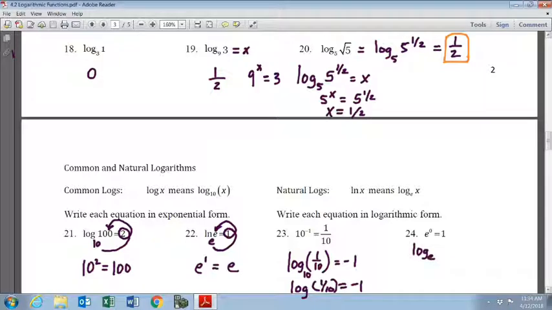Let's look at number 24. This is log base e, our base is e here, and the exponent is 0, and so that makes the 1 the answer. Oh, I'm sorry. We want to make sure we write that as natural log of 1 equals 0. That's what ln means, log base e.